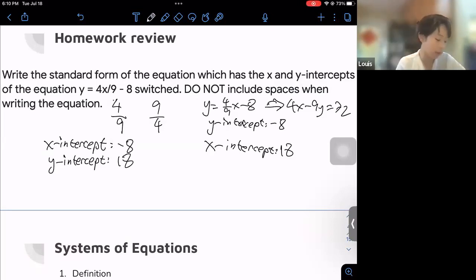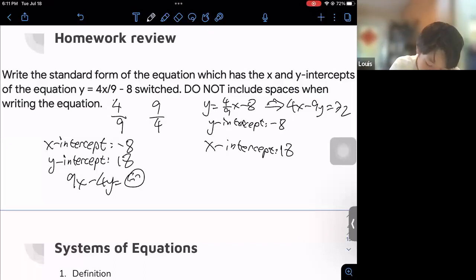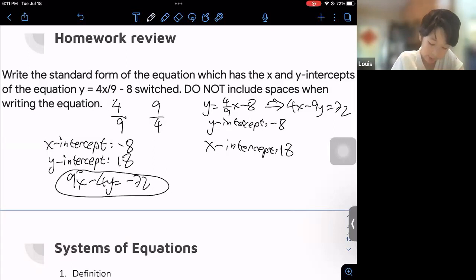So since we want it in standard form, we have that 9x minus 4y equals something. And we want to calculate that something. We can use the x-intercept, which is -8. The x-intercept is just this number over 9. So this number would be -8 times 9, which is -72. So we have that this is our answer.